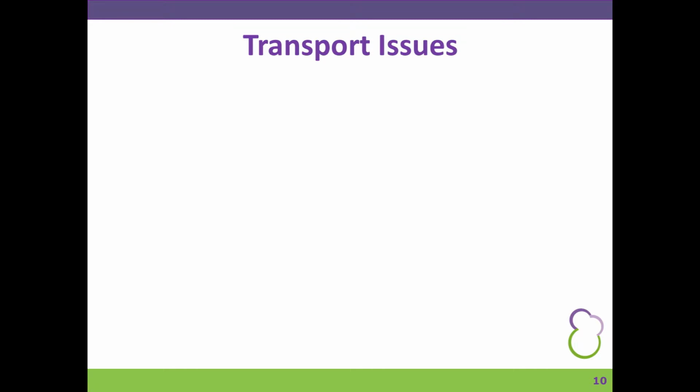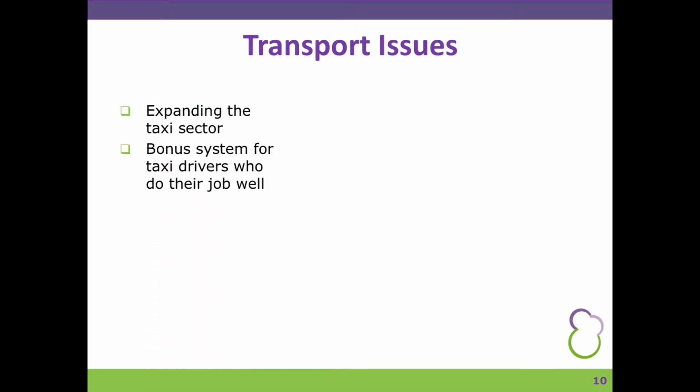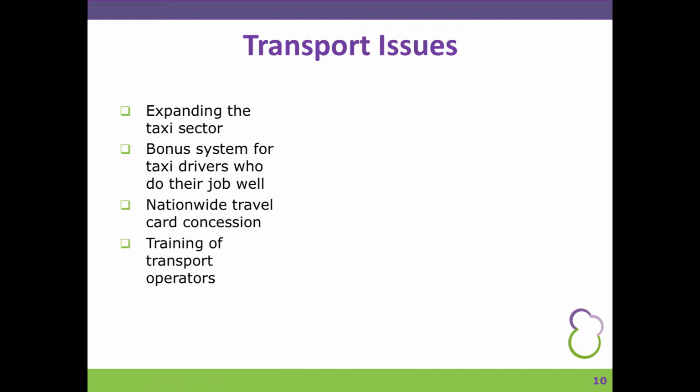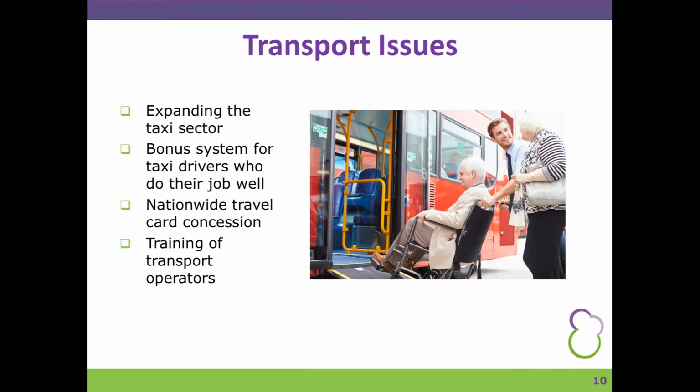Solutions proposed to curb this problem put emphasis on increasing the accessibility and affordability of transport services and providing some alternatives, such as expanding the taxi sector, a bonus system for taxi drivers who do their job well, a nationwide travel card concession, and training of transport operators.